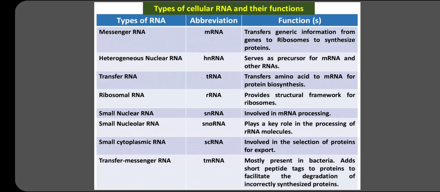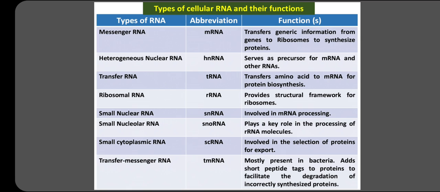Heterogeneous nuclear RNA, hnRNA, serves as a precursor for mRNA and other RNAs.